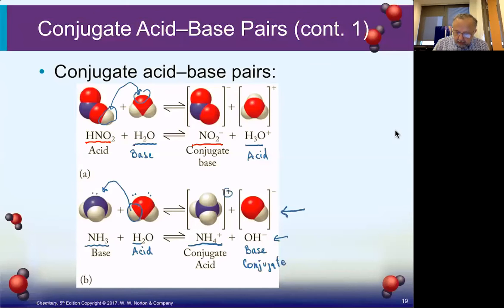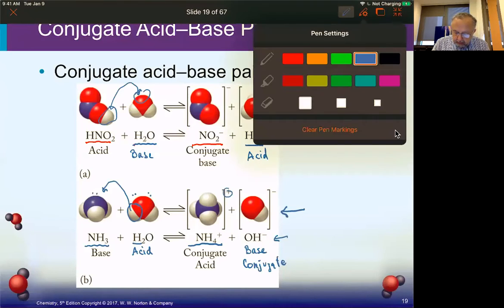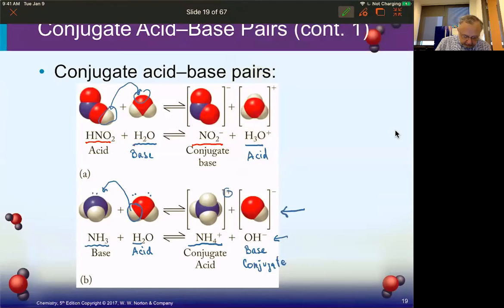So notice that in this case, you always have a base plus an acid in equilibrium with an acid plus a base. If we are talking about this one being the base, then this one is the conjugate acid.